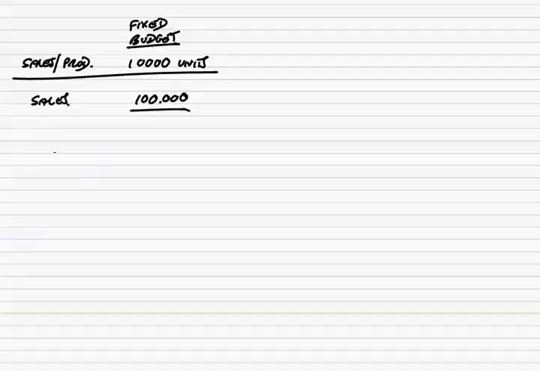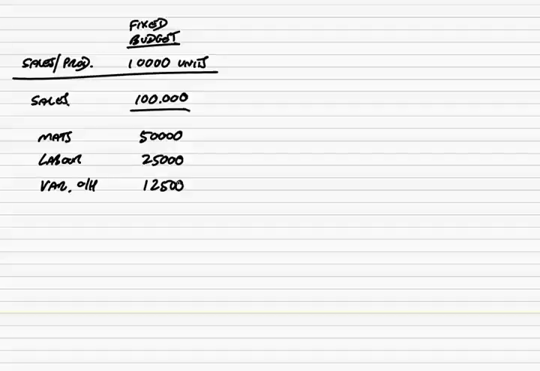The costs: materials, we'd budgeted on 50. Labour, 25. Variable overheads, 12.5.